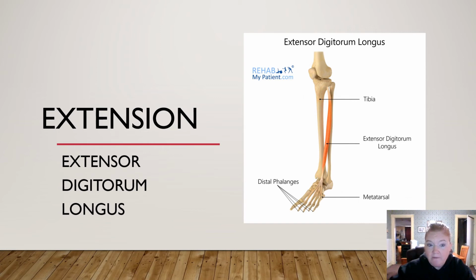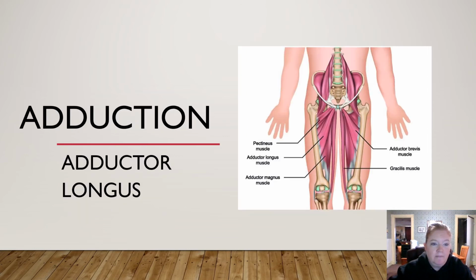So that gives you a lot of information. It extends the digits and it's a long muscle. Adduction. So adduction, it performs that motion. So remember, this is abduction, adduction. So adduction would be bringing the leg back in, and adductor longus, so you can see it is a long muscle.